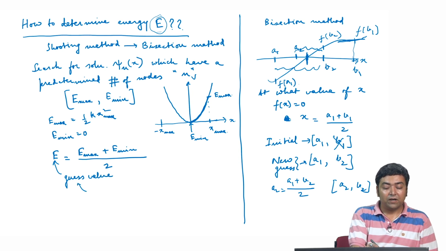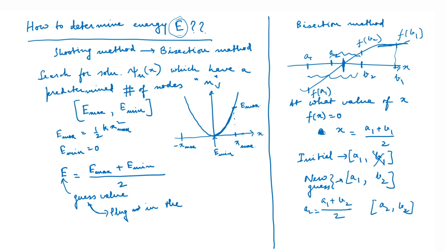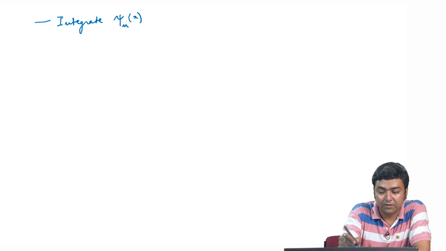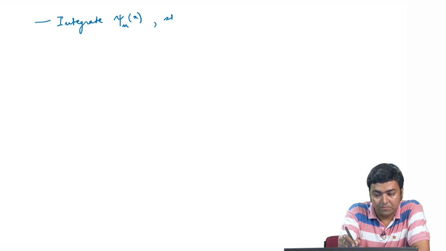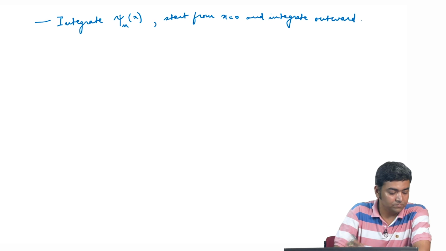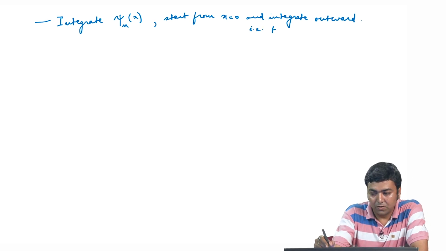What I do is plug it into the Schrodinger equation for my simple harmonic oscillator and solve it. The next step is I integrate psi n at x. I start from x equals 0 and integrate outwards, that is towards positive x.